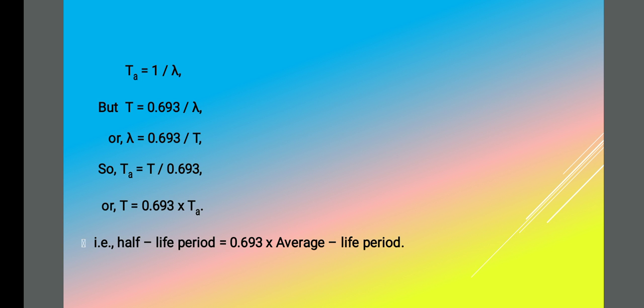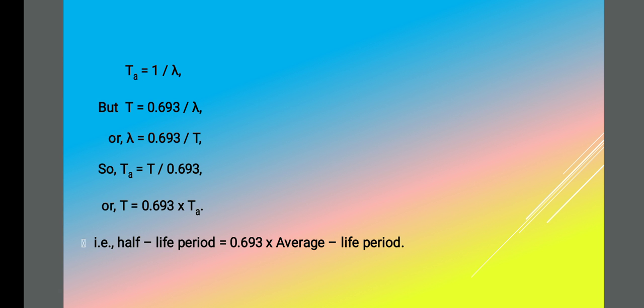Is it okay? So these are the three laws of radioactive disintegration, said to be the laws of radioactivity. I'll repeat. The things we have seen in today's class: the first is rate of radioactive disintegration, the second is half-life period, and the third is average life period. For the rate of radioactive disintegration, the final equation is lambda is equal to 2.303 divided by T into log n0 by n to the base 10.